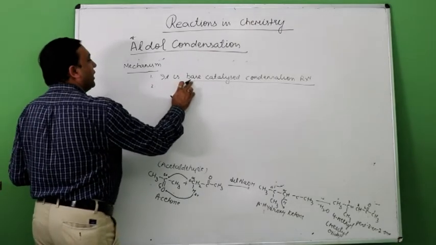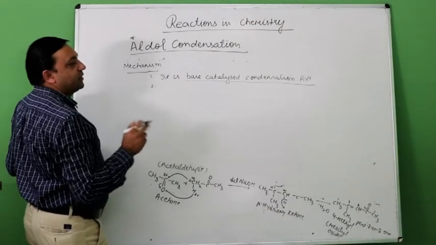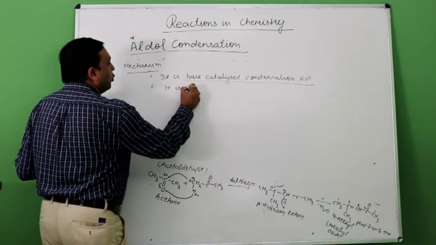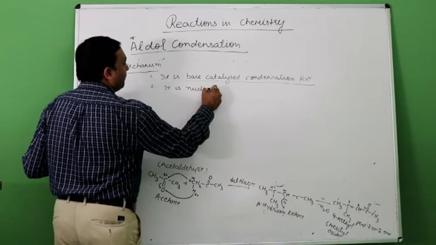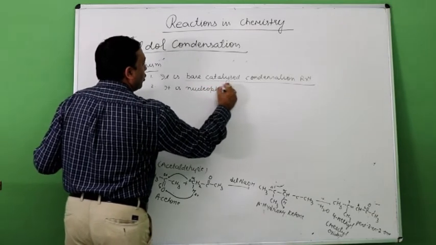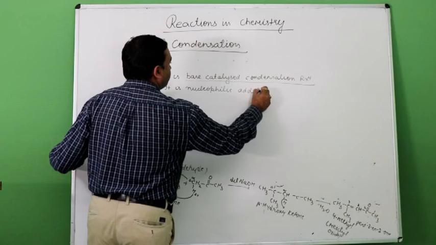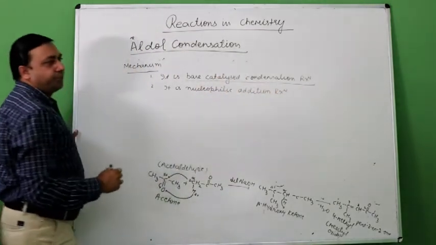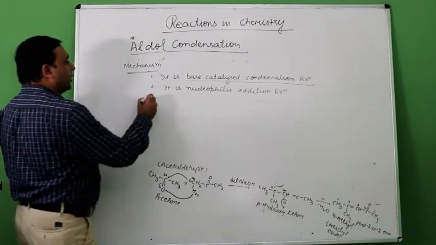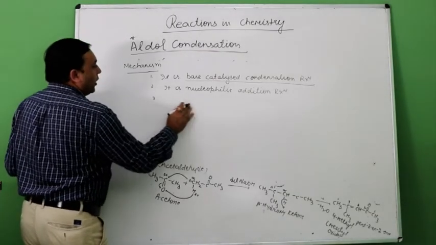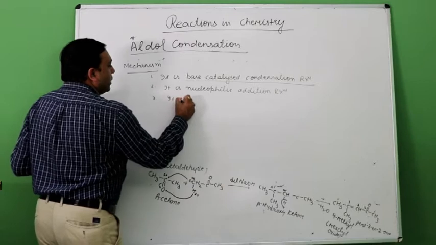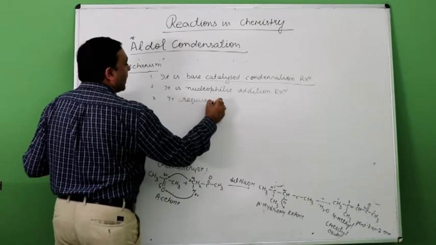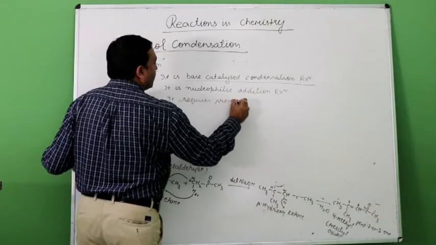Every reaction is controlled by a rate determining step, so this is the slow rate determining step. Nucleophilic addition means attack of the carbanion, which is now behaving as a nucleophile.